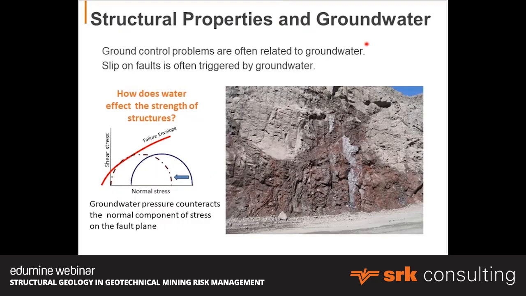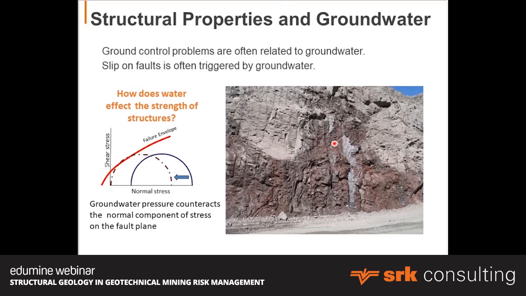Often your ground problems are actually related to groundwater. Okay, and it's triggered by an increase in the pressure of groundwater. So how would water affect the strength of structures? Really what it comes down to is that when you've got water pressure inside that structure, you're actually reducing that confining normal stress.